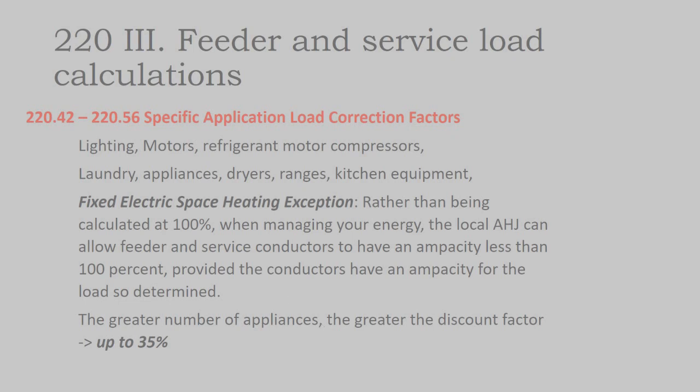So if you have an apartment complex and you're sizing the utility service to go into the complex, the more homes there are, the more stoves there are inside the homes, which means they assume not all of these things are going to be on at the same time. And so you can discount it further if you want to. Again, it's a minimum design standard.